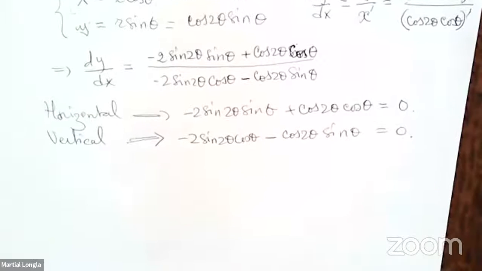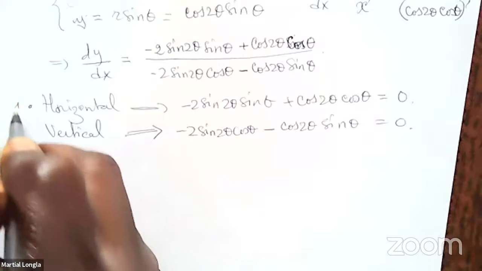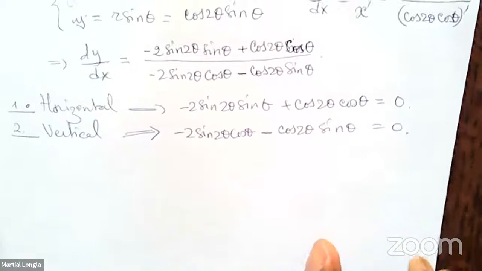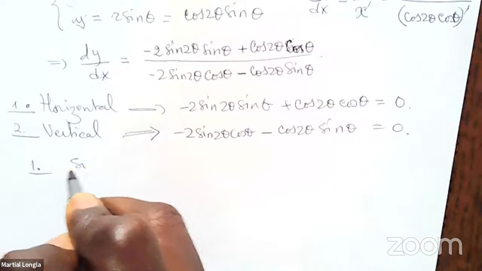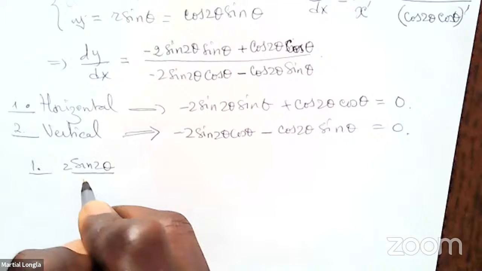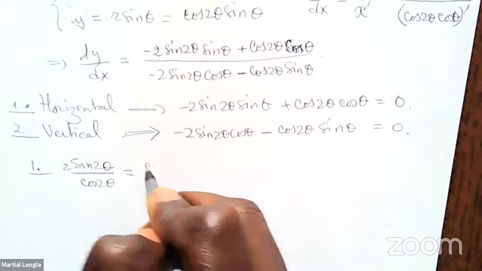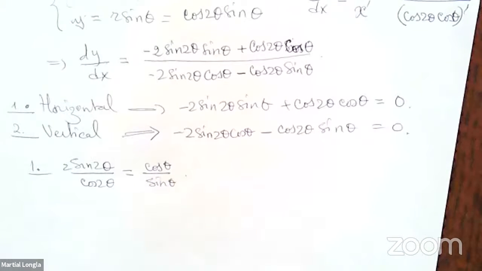You walk through solving one of those equations. Yes, and it's going to be an obvious thing. So if I'm going to solve the first one, what's going to happen is I'm going to write 2 sine 2 theta over cosine 2 theta equals cosine theta over sine theta, right?